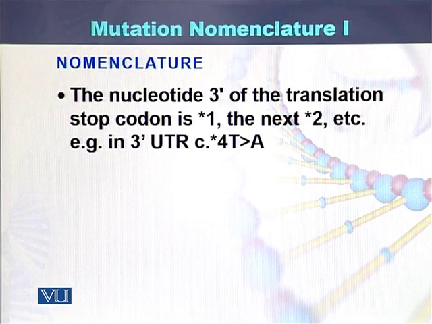The nucleotide at the 3' end of the translation is the stop codon. Once there is a stop codon, the next nucleotide will be marked with an asterisk.